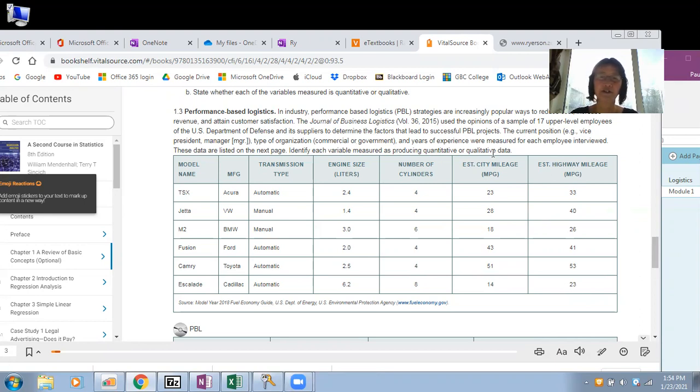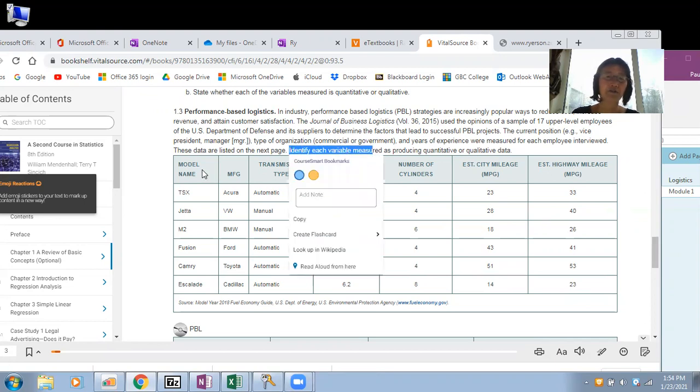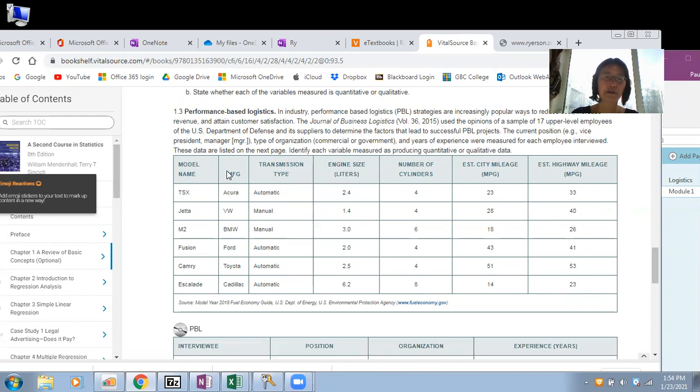So the question asks you, identify each variable measured. Okay, so you have a model name, manufacturer, transmission type, engine size, number of cylinders, etc. So on each type of data, do they belong to quantitative or qualitative data?